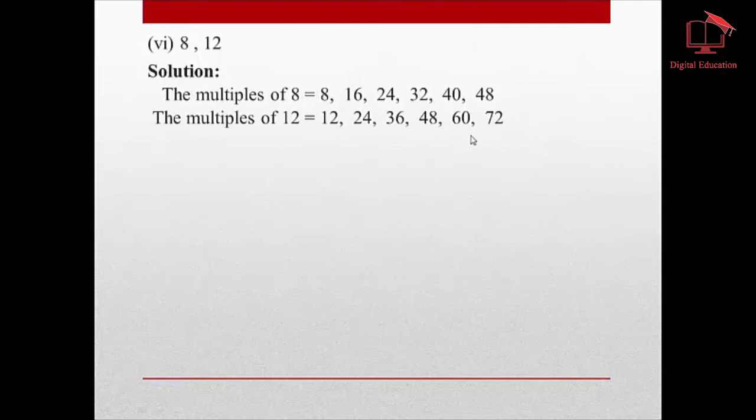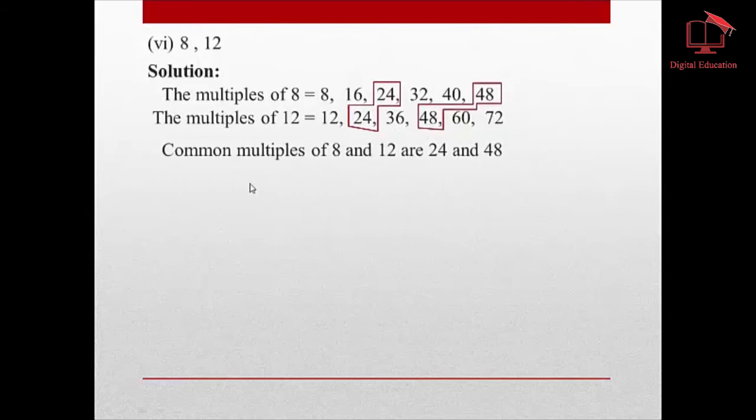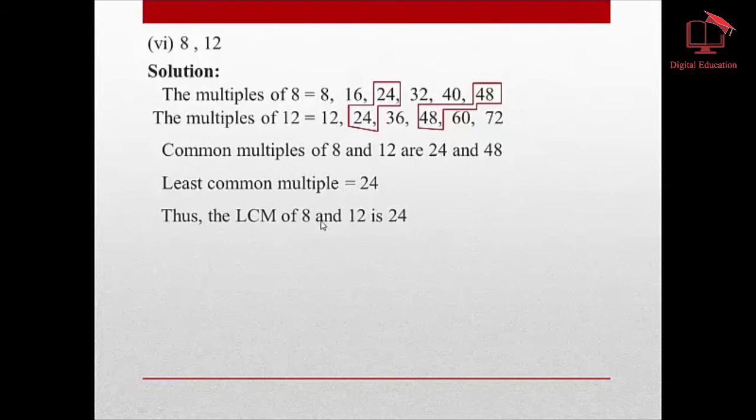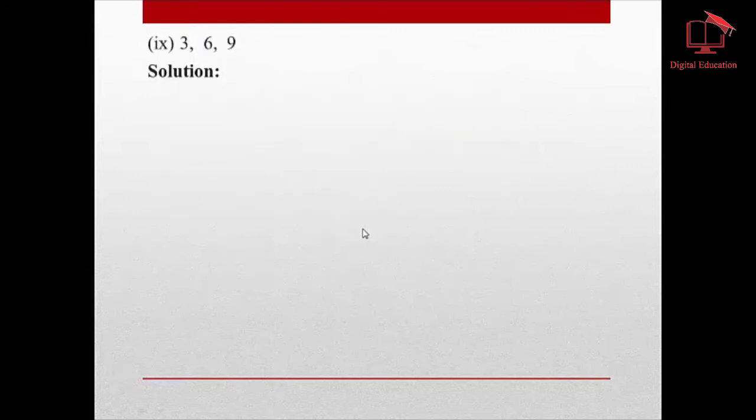Now students, we will highlight the numbers that are common. Now 24 is a common number and 48 is a common number. So the common multiples of 8 and 12 are 24 and 48. So the least common multiple is equal to 24. Thus, the LCM of 8 and 12 is 24.